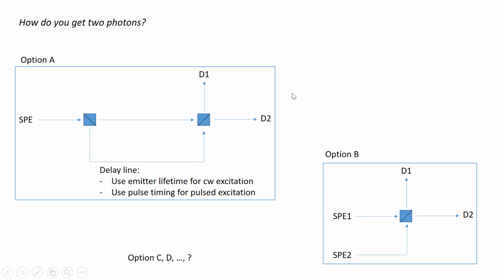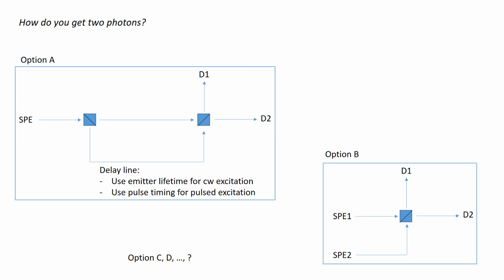Hey, Jake, in the delay line case, is there any definition for the requirement for the 2 photons arriving at the beam splitter? Let's say it's a continuous wave laser. One photon comes, and another one comes a second later, which could be 10 nanoseconds later.